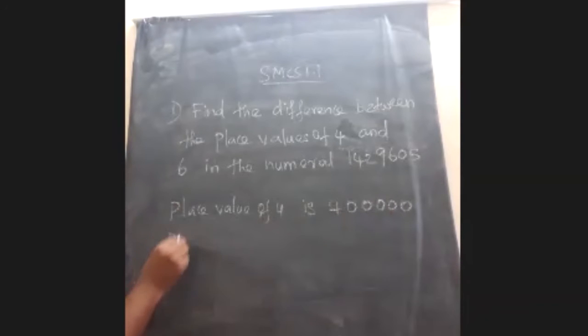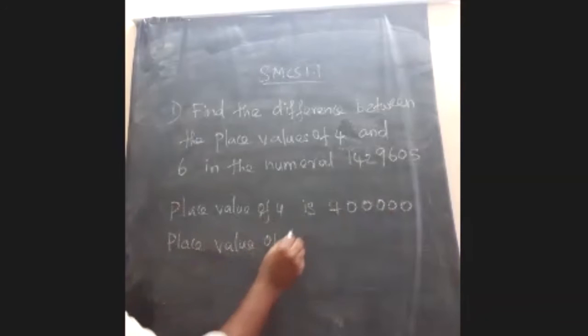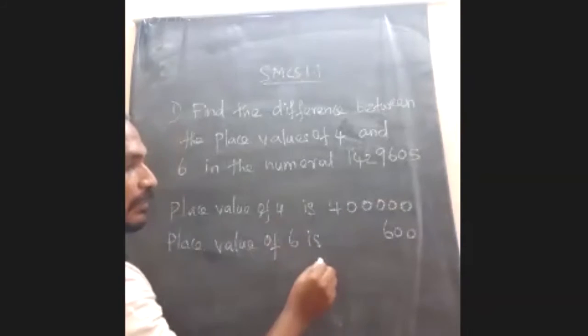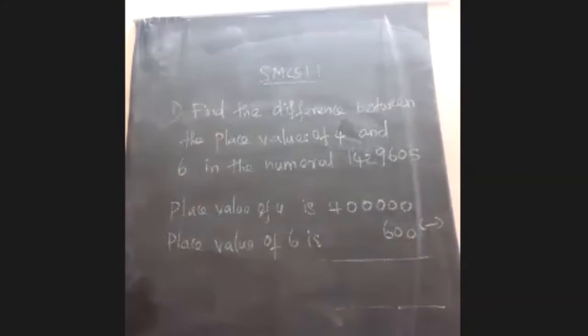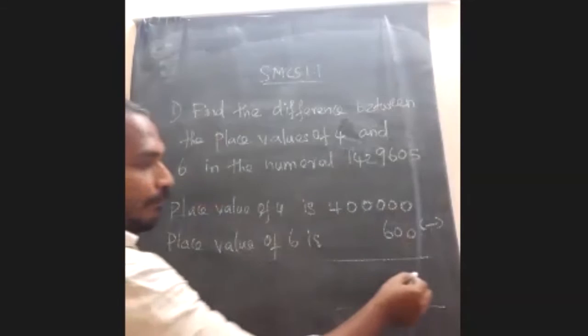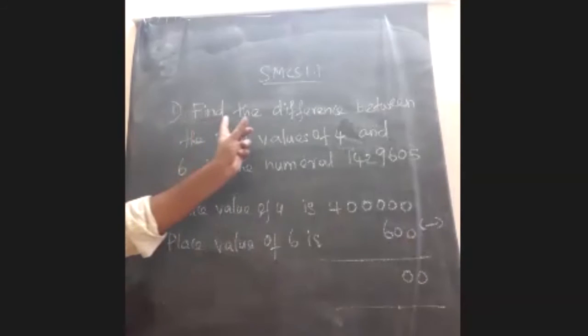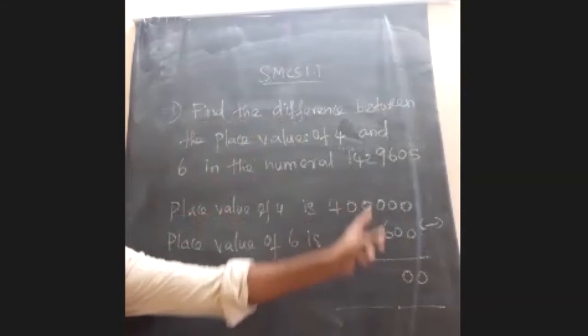And what about the place value of 6? It is 600. So we have to do the subtraction. They are asking us to find the difference between the place values. That's why we are doing the subtraction here.